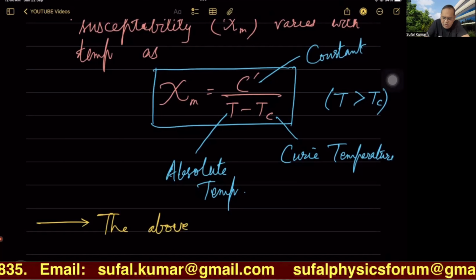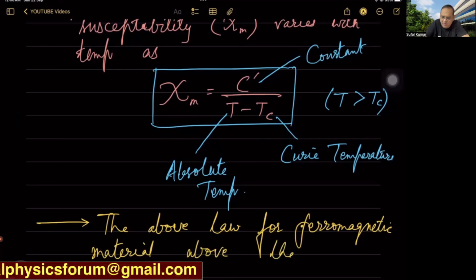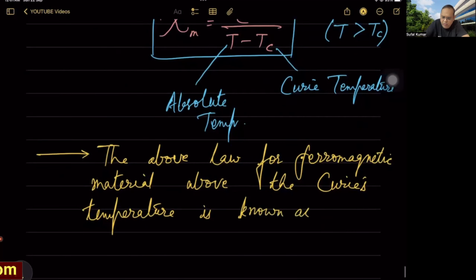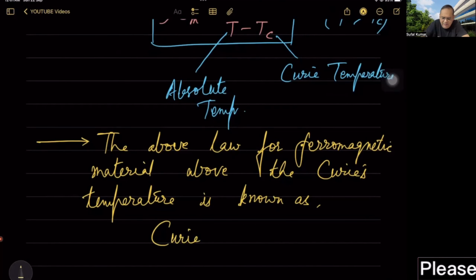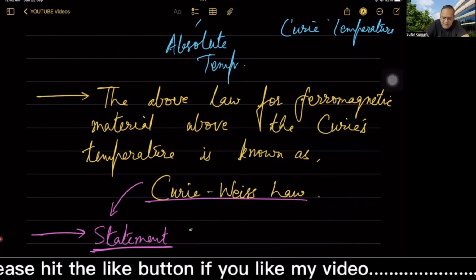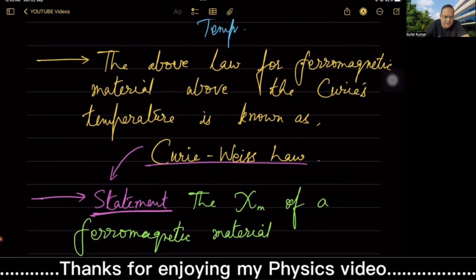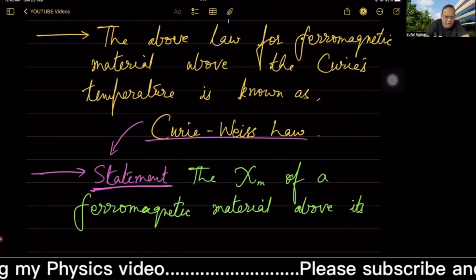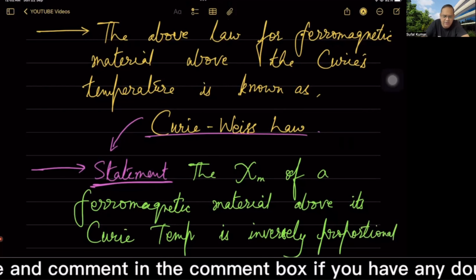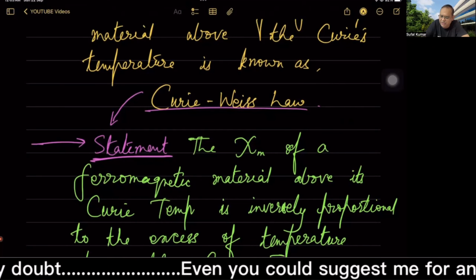The above law for a ferromagnetic material above the Curie temperature is known as the Curie-Weiss law. Statement of this law: the susceptibility of a ferromagnetic material above its Curie temperature is inversely proportional to the excess of temperature above the Curie temperature.